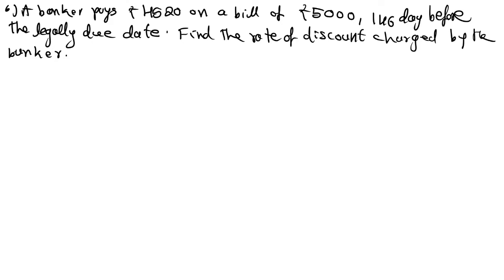See the next question. A banker pays rupees 4,520 on a bill of 5,000, 146 days before the legally due date. Find the rate of discount charged by the banker. Face value F equal to 5,000, but the banker gives discounted value 4,520.